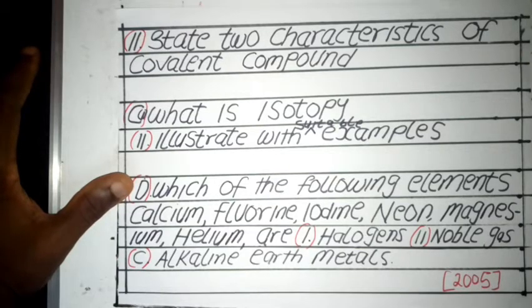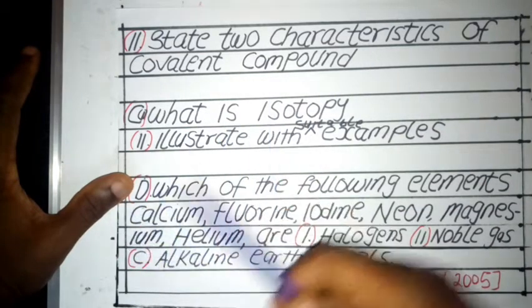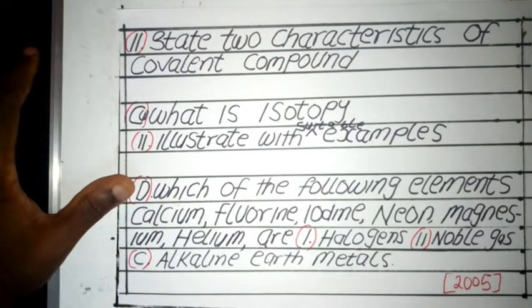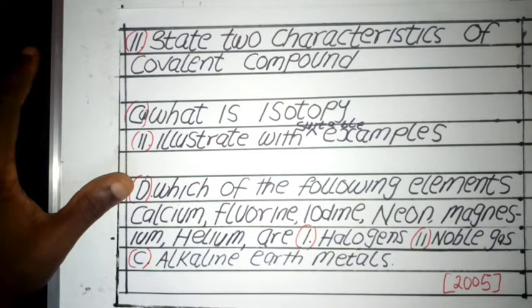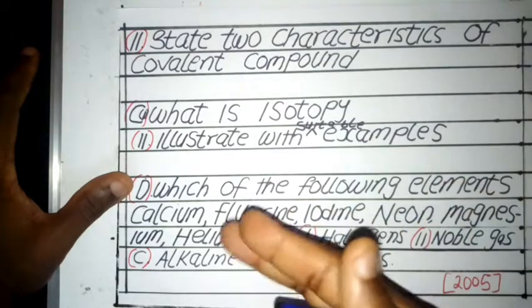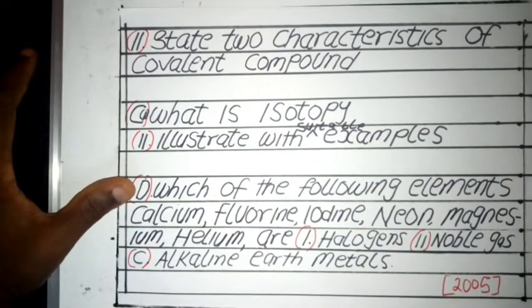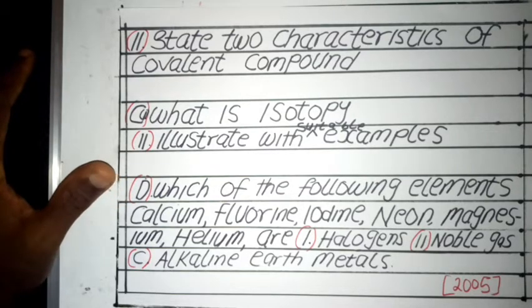So this question, what is isotopy? Isotopy is simply the existence of two or more atoms of the same element. Remember, the same element having the same atomic number but different mass number. Then we are asked to illustrate with suitable examples. Okay, I can give 2 or 3 examples.